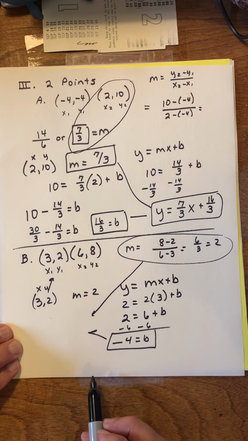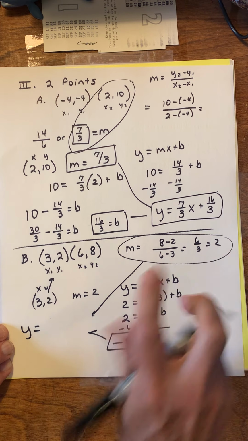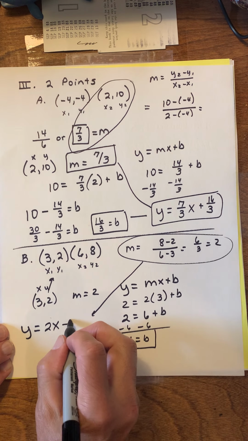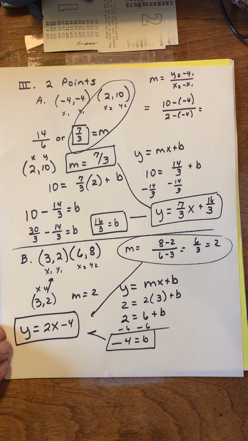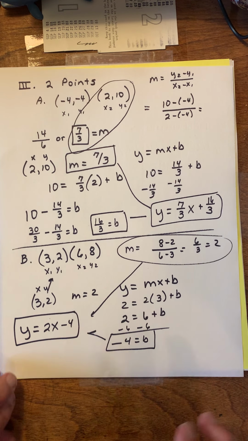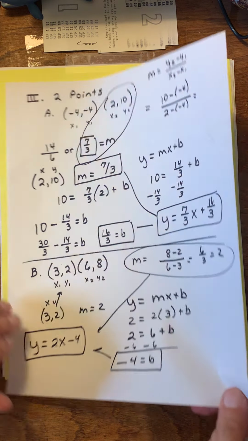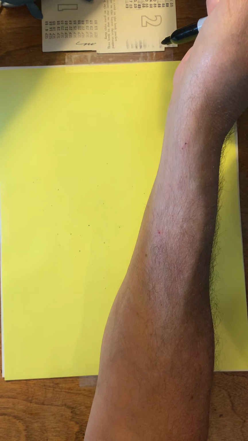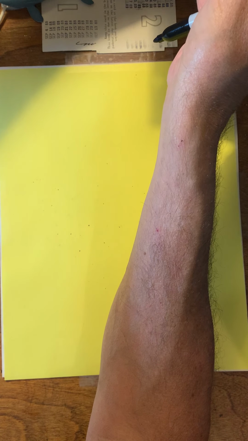I got my y-intercept. That's all I need to find the equation of the line. Y equals m times x plus b. And there you go. 2 points. Find the slope. Use the point slope scenario after that. An x, a y, and an m, and solve for b.